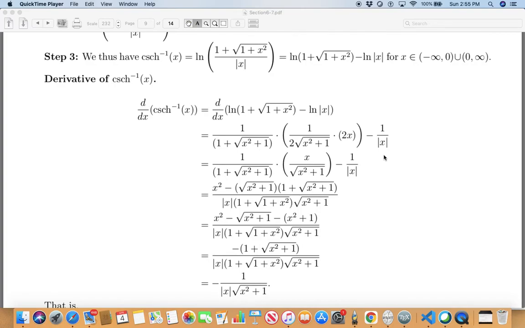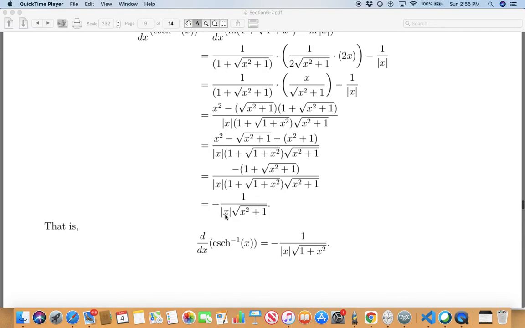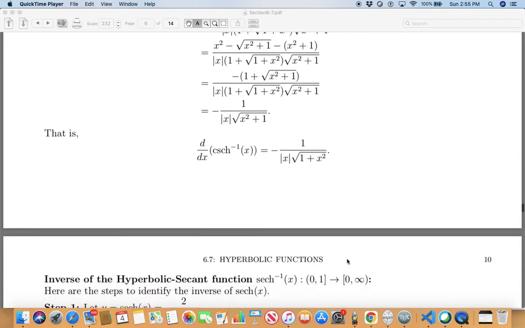When you simplify all of this carefully, you should get negative 1 by absolute value x times the square root of x squared plus 1. So the derivative of cosecant hyperbolic inverse of x is negative 1 over absolute value x times the square root of 1 plus x squared. Notice x squared plus 1 is the same as 1 plus x squared. It's just rewritten a certain way because of tradition or something.